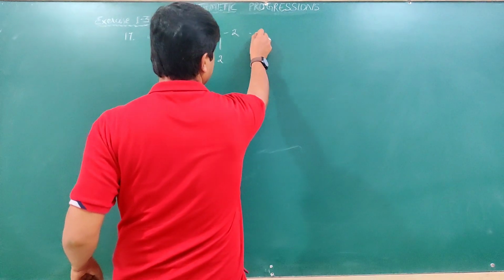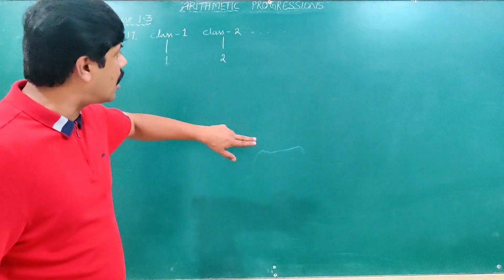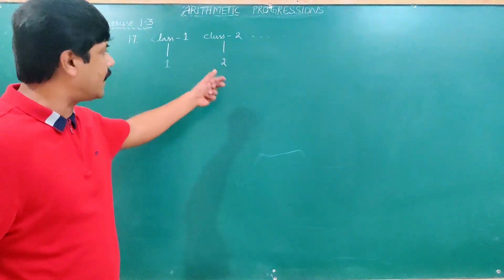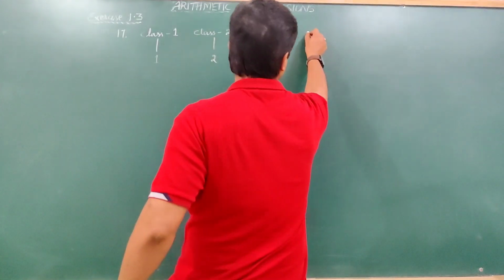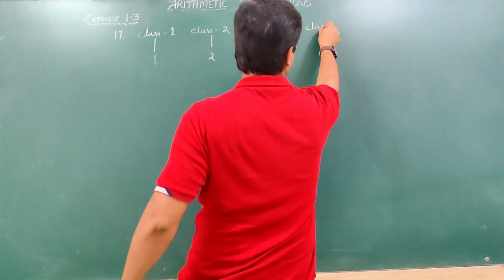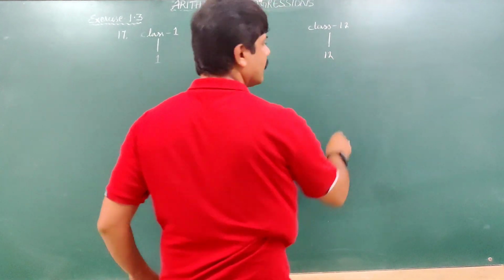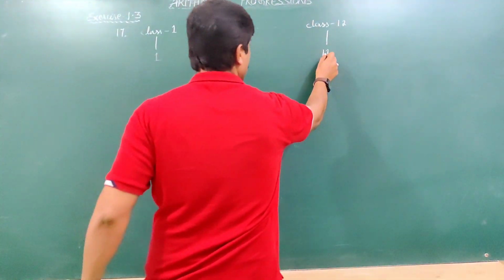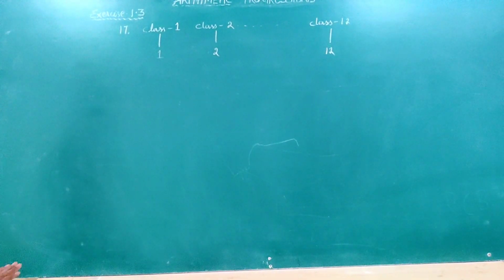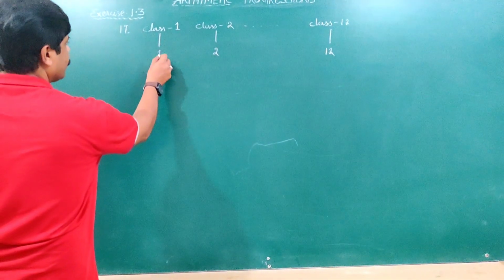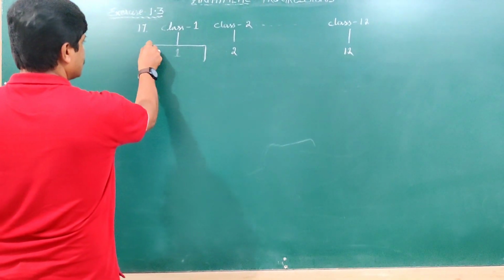Like this, the number of trees they are planting depends on which class they are studying in. Class 1, 1. Class 2, 2. Class 12, 12 trees. Now, how many sections are there in each class? 3 sections. Each class consists of 3 sections.